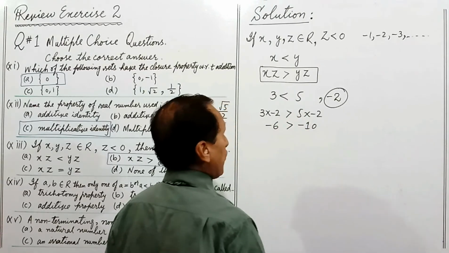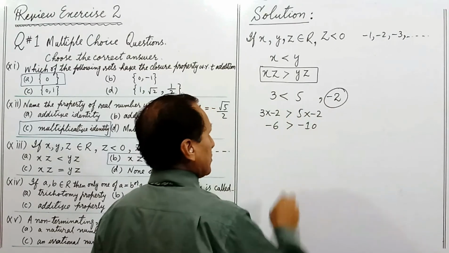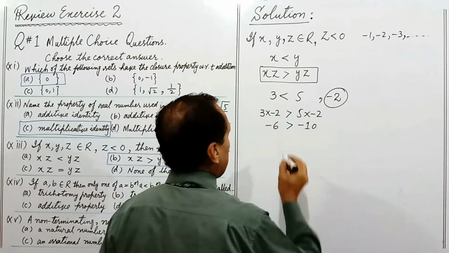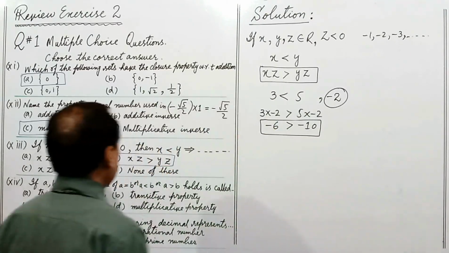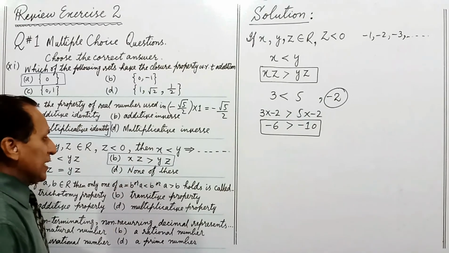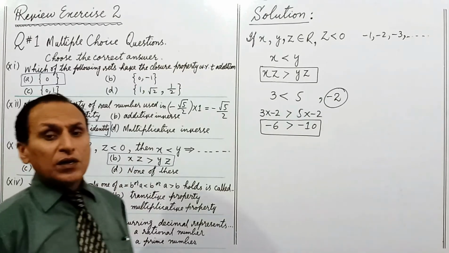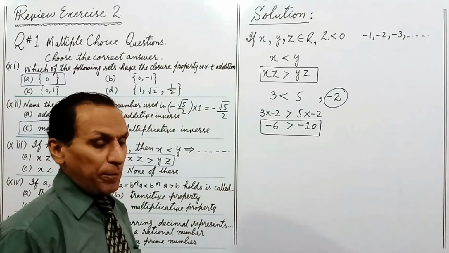It means when we multiply a negative integer to both sides of an inequality, the less than sign will change into greater than. By the example, we come to the conclusion. The right answer for this is xz greater than yz, and that is the application of the multiplicative property when a negative integer is multiplied.